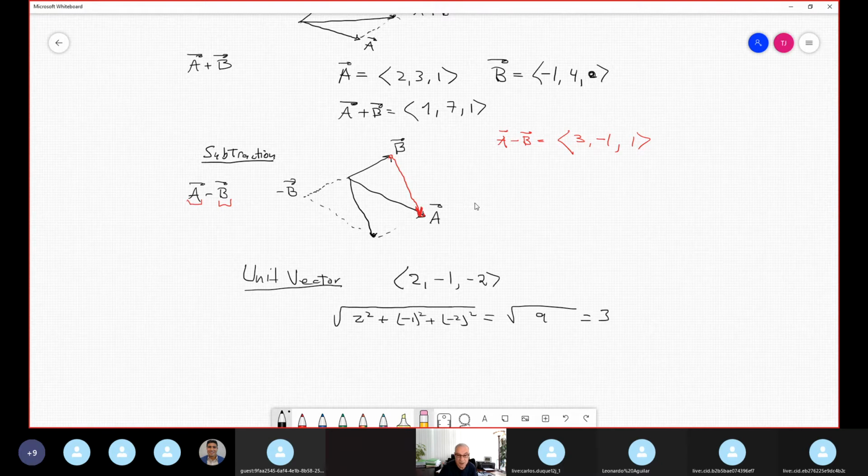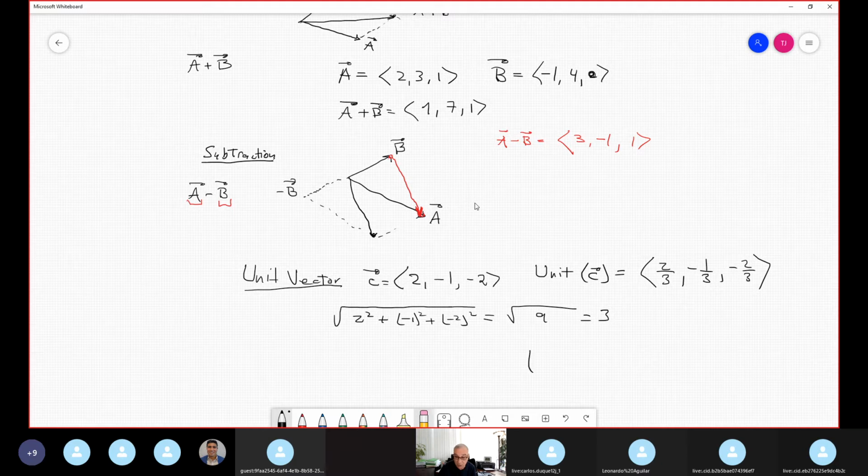And you divide the original vector. Let me call it vector C, why not? And the unit vector of C, I want to use this notation. The unit vector of C is obtained by dividing every component by the magnitude: 2/3, negative 1/3, negative 2/3. And I guarantee you 100% that the magnitude of this vector is 1.